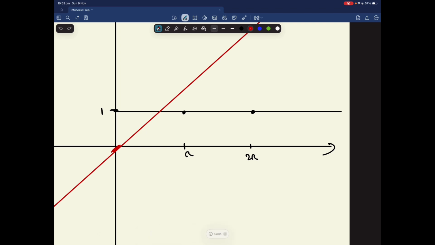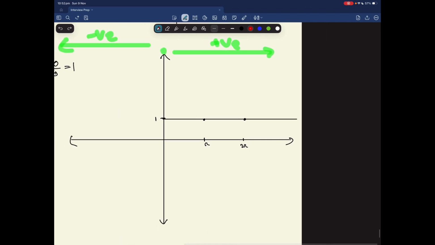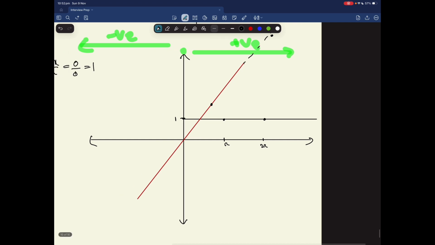I haven't sketched this properly, so I'm going to fix this. Say it's this. That seems more reasonable. So every peak of our sine graph is going to be on this line. So it's going to go to infinity, and we would have our peaks on this line.